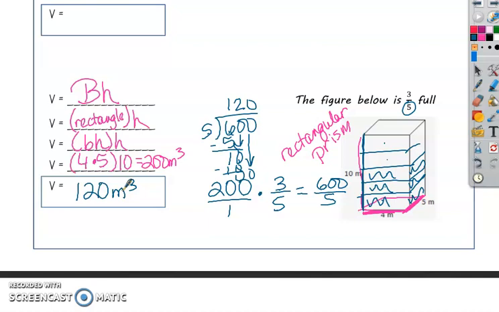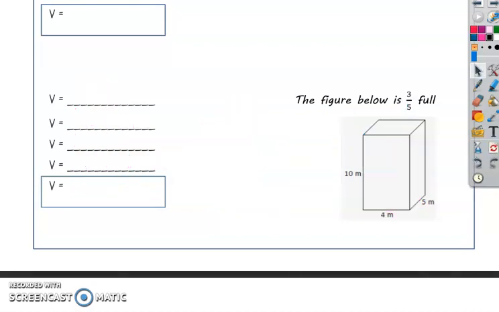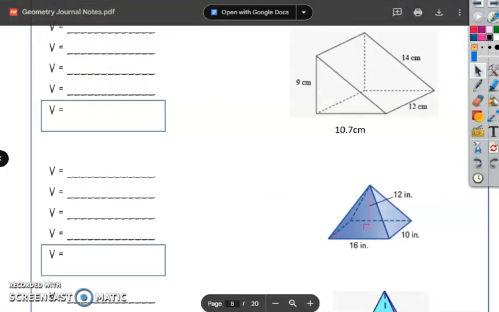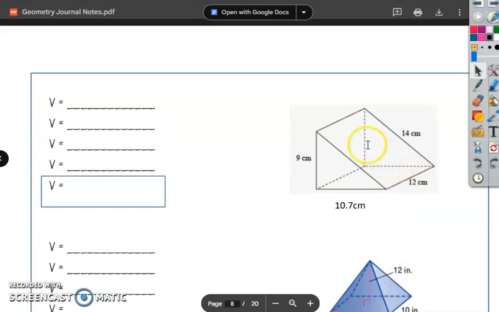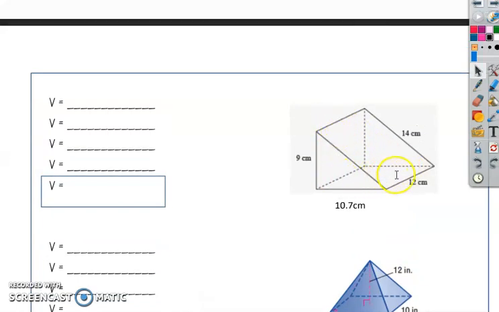Okay? Last problem. We're going to quickly do this. Again, hopefully you can see I have a rectangle here, here, and across the bottom. Okay? This is a triangular prism because it's mostly rectangles. Okay? So we start with, remember, look at the problem before, big B H. What is big B?